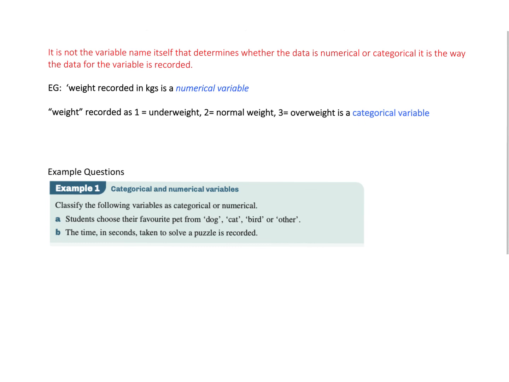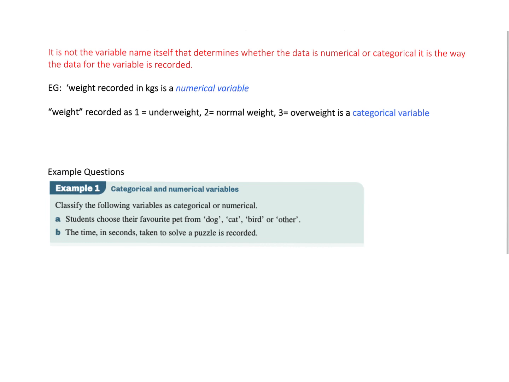So in the end, you've collected all these 1s and 2s, but it's actually categorical data because you're putting them into a category of underweight or normal weight, okay? So that's what I just said before anyway. We need to be really careful. Don't assume by the name of it. You have to think about how they recorded it.